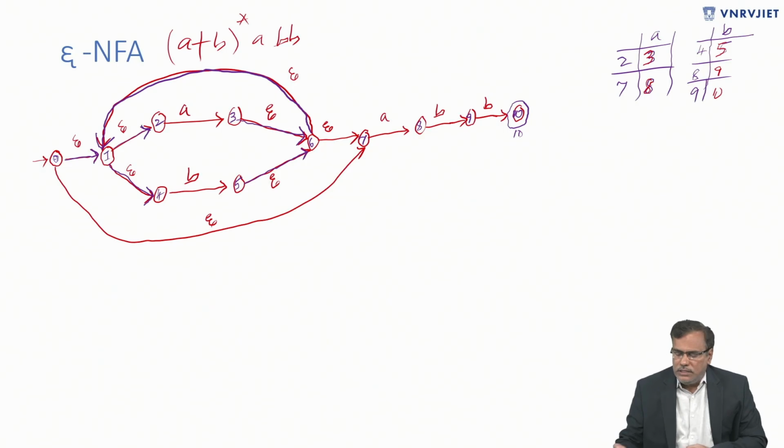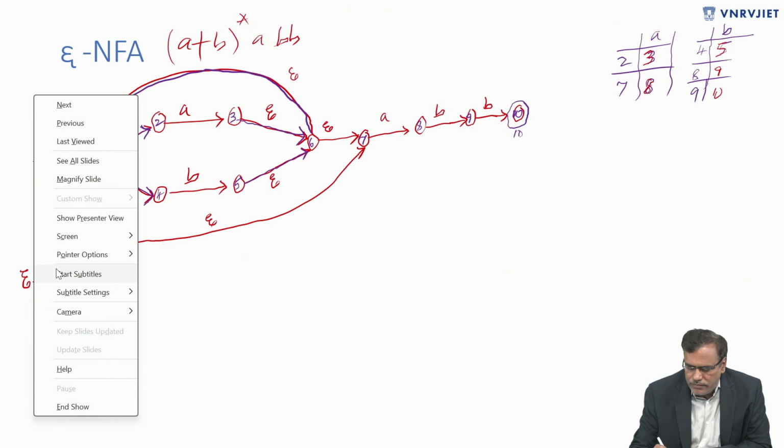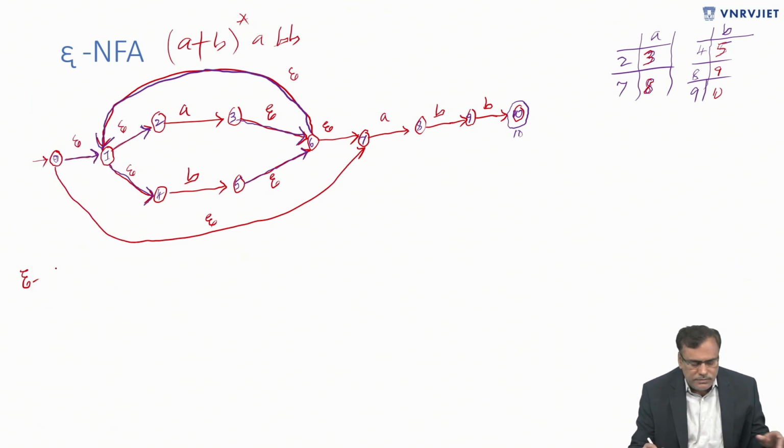First, you are supposed to start with finding the epsilon closure of the start state. The state labeled 0 is the start state, so you have to find the epsilon closure of 0.